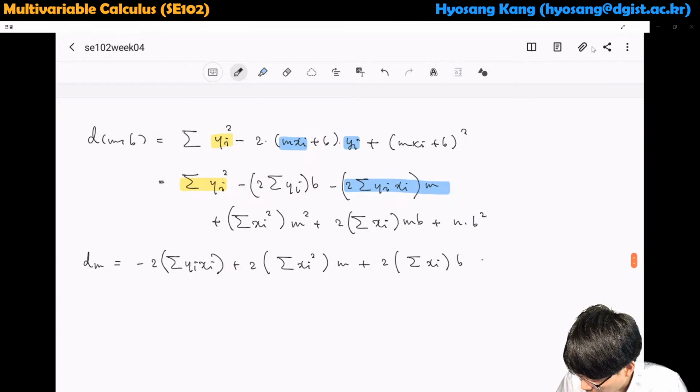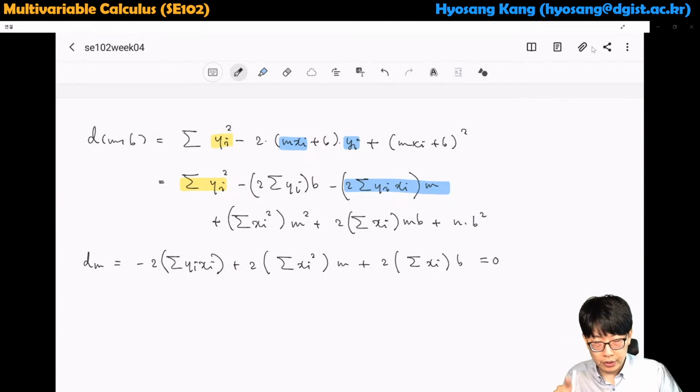That's one thing. I want this to be 0 at the critical point. By the way, there are no type 2 or type 3 critical points, because type 2 means the partial derivative does not exist, and type 3 means it's not continuous.